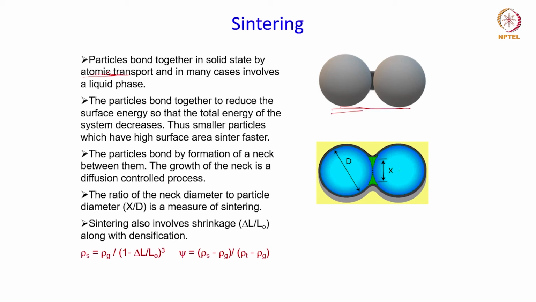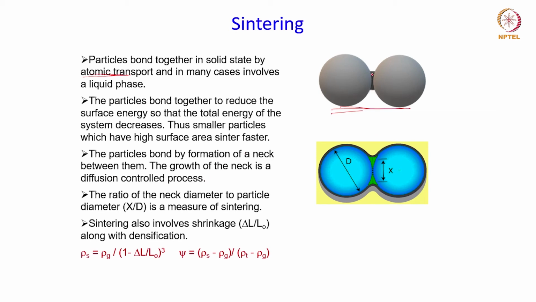So this bonding of particles will reduce the surface energy, as I said before, so that the total energy of the system decreases, and therefore you can also say that smaller particles which have higher specific surface area will sinter faster compared to larger particles, right? Because if the surface area is higher, it will also have higher driving force for the sintering process. So as I said, the particles will bond by formation of a neck between them.